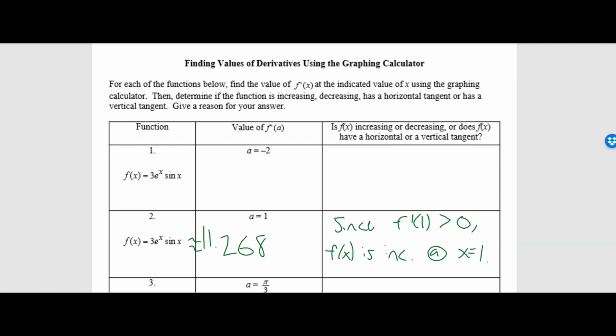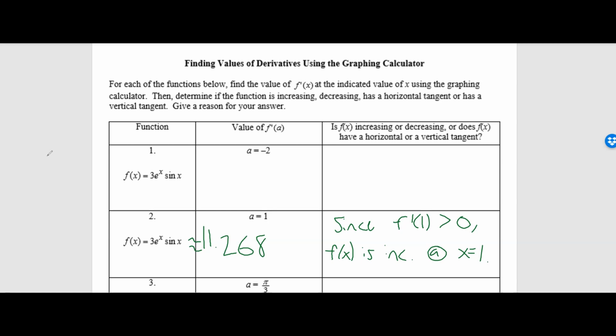So you can go through and you can do the rest of these. I just wanted to give you a couple of examples of how to take the derivative on your calculator. You can imagine that this would not be a terribly complicated derivative to take. It would just be a product rule, but it would take you some time, right? And if you're on the calculator portion of an exam, you certainly want to save as many minutes as you can for the problems that require a lot of work.